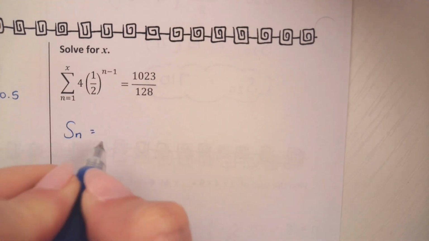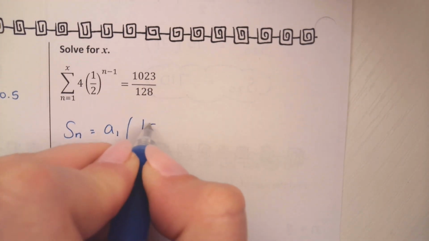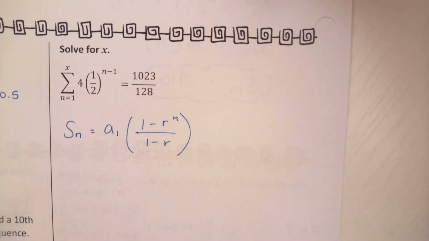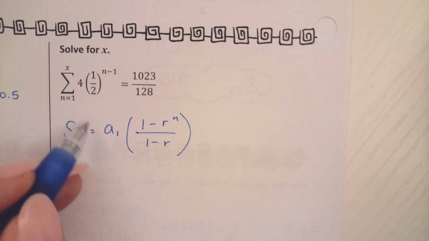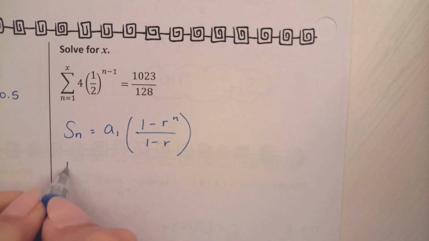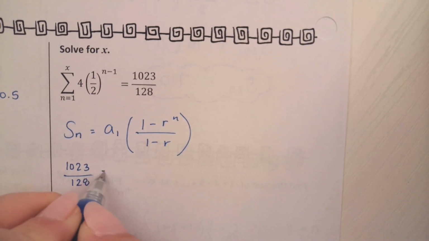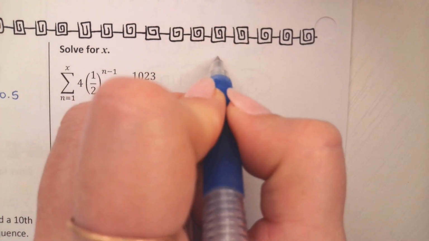Sum of the first n numbers equals a1 times 1 minus r to the n over 1 minus r. So we're going to plug in what we can find from this. For Sn, what am I going to plug in? 1023 over 128.